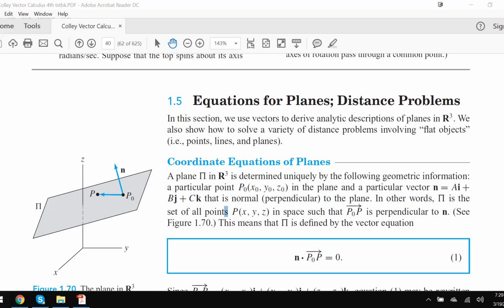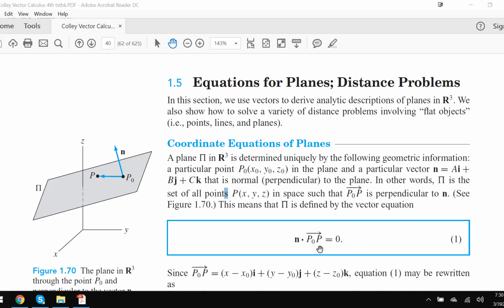And the only time the cosine of the angle is 0 is if the two vectors are perpendicular. So if they're perpendicular, then P must be in the plane. The vector from P0 to P, so P must be in the plane. So we can use this as the equation for the plane. Any point P is in the plane if this is true about it.